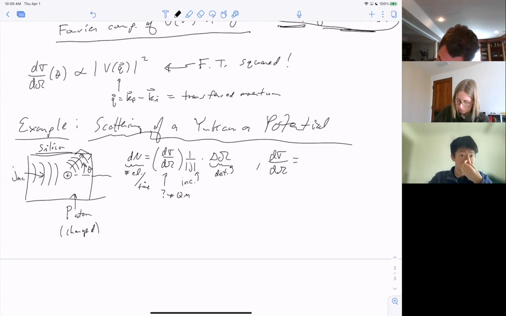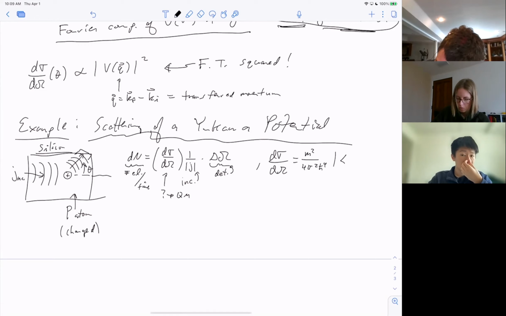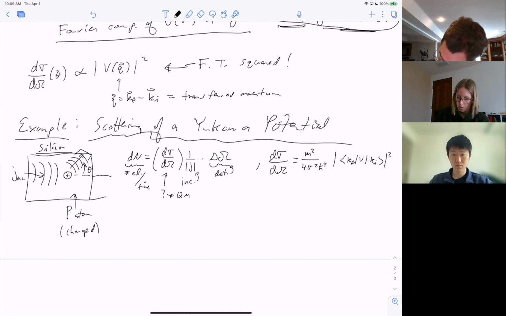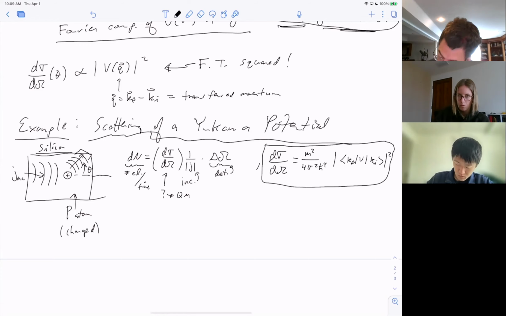It's going to be m squared, the mass squared, over 4π² ħ⁴ times this matrix element, the initial momentum connecting to the final momentum, squared. Okay, so that's my differential cross section.